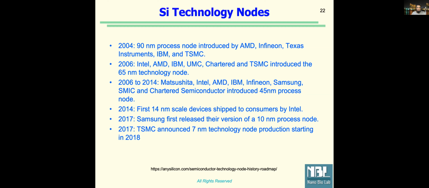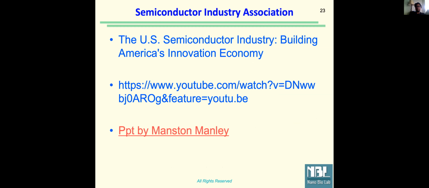So they agreed on, okay, this is what we'll use to define the node, or what size of devices we are making right now. And the interesting thing is each one has their own processes of how they are achieving that node. They don't share it with each other. But they share, okay, this is the standard we'll use to tell you what node we are at. Right, okay.